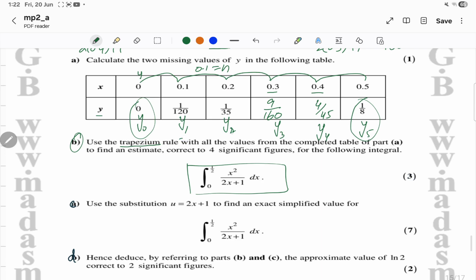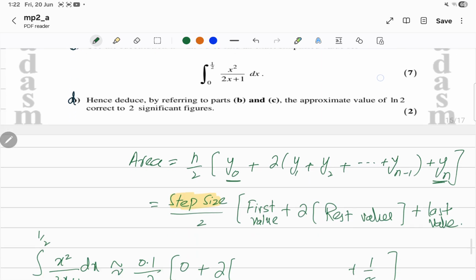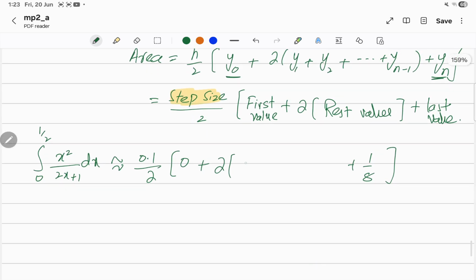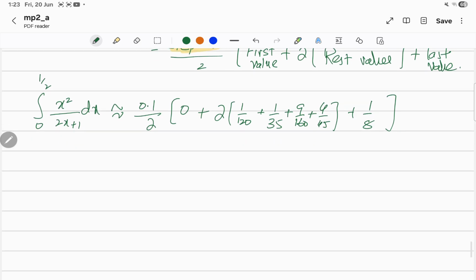So 2 times y1, y2, y3 and y4, so it will be 2 times 1 over 120 plus 1 over 35 plus 9 over 160 plus 4 over 45. So the middle values we should multiply by 2. So if you typeset the whole thing in the calculator in one go, we'll get the answer, which is 0.02445, to 4 significant figures.